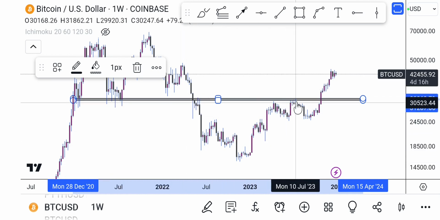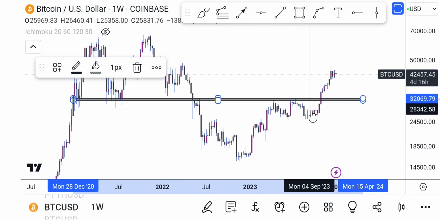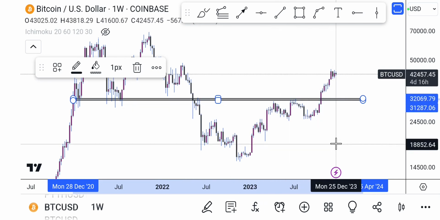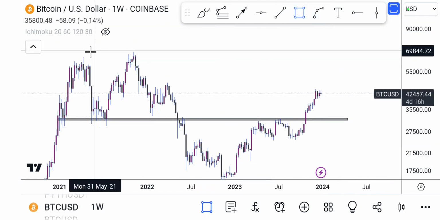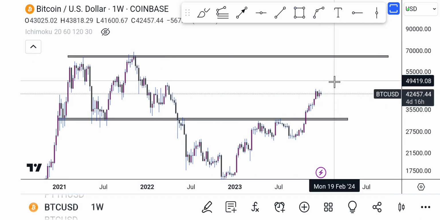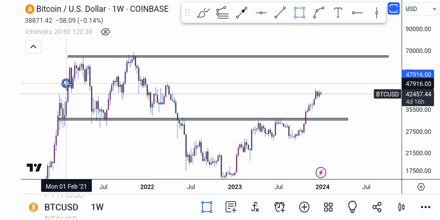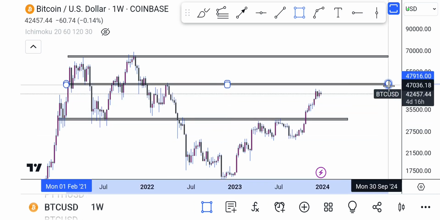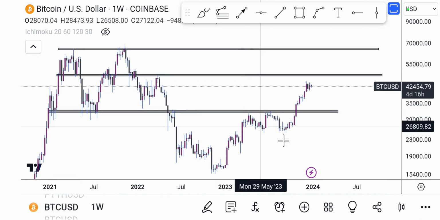Now it pushed to the upside, tried to break out, got rejected, and finally broke to the upside. Now let's point out other levels here again. We have this high here, we have this high, and we have other levels around here, which is very important.